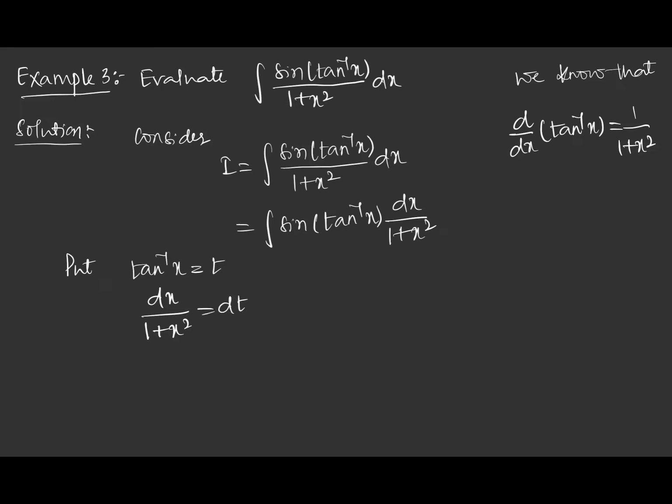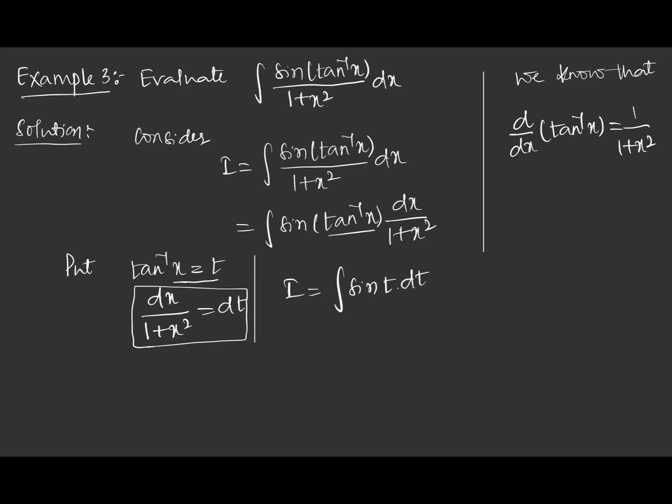On substituting this, the integral takes the form I is equals to integration of sine of tan inverse x, which is taken as t, so sine t into this entire dx by 1 plus x square can be replaced by only dt, and we know that the integration of sine x into dx is minus cos x plus some constant c.